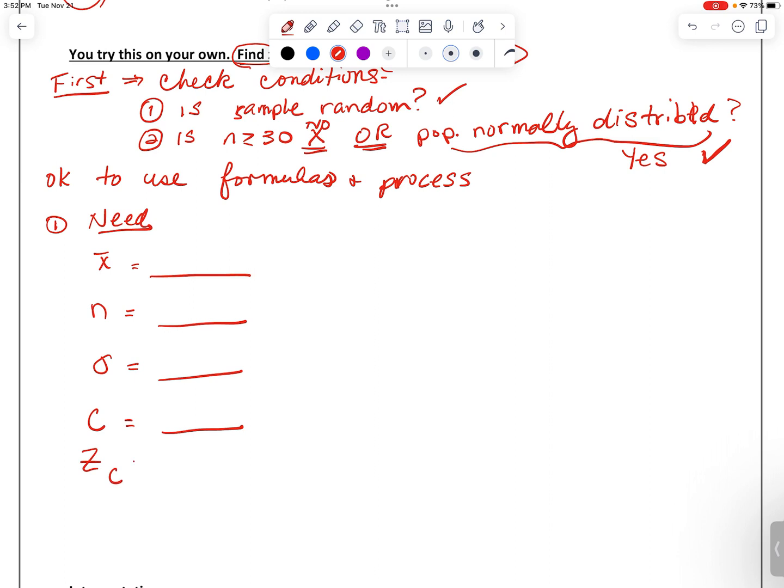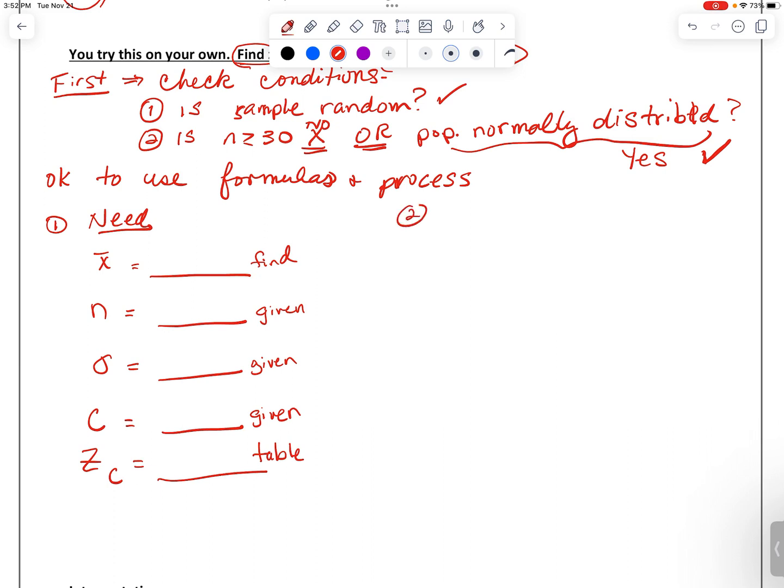Then you need to find the critical C, the C critical value. All right. So this one is going to take a little bit of work. You're going to have to add and divide. This one, we already know what the n value is, so that's an easy one. We're also given the standard deviation. We're given the C. So you have to find this one. And then you're going to have to use the table to find the C value.